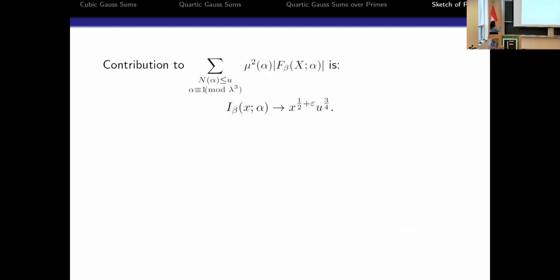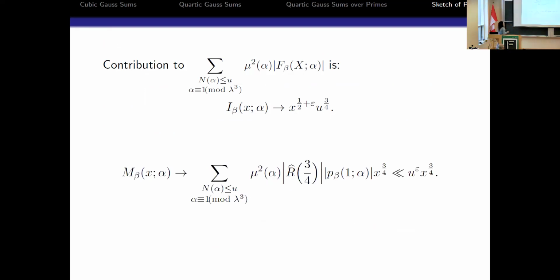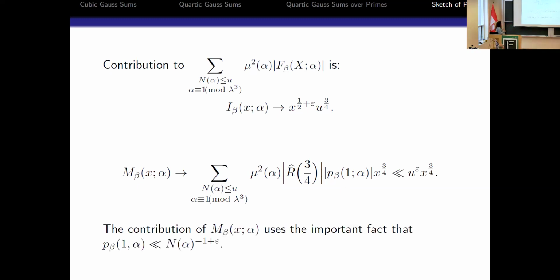I'm not going to talk about the contribution of the contour integral, although its estimation is quite intricate. But I will talk about the contribution of that residue term. This is where we get the x to the 3/4 that you see in our main result. What we really need is the fact that this residue is less than 1 over the norm of alpha, and that's where we needed Suzuki's evaluation of the residues of these Dirichlet series.